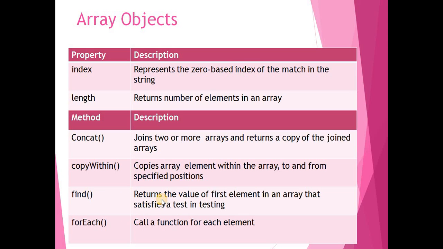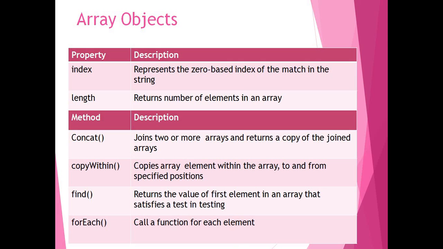Depending on that condition, it will tell you which first array element is meeting the condition and it will return that element. Okay. So it returns the value of the first element in an array that satisfies a test. So test is nothing but the condition. Next, forEach calls a function for each element.